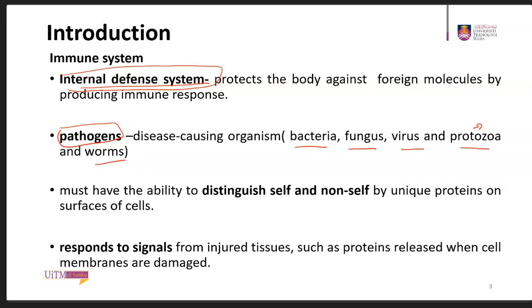The immune system must have the ability to distinguish self and non-self by unique proteins on the surface of the cell. Every cell has on its surface certain molecules, such as protein or carbohydrate, that serve as what we call an antigen.